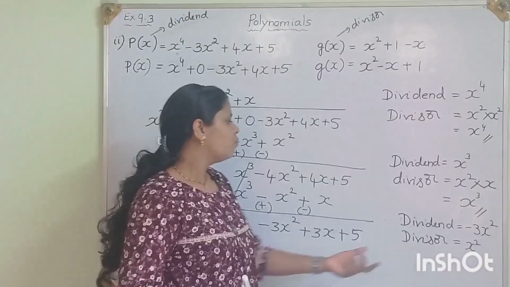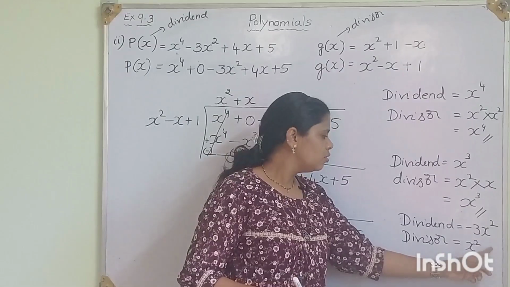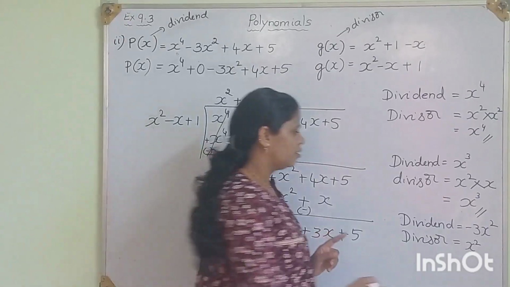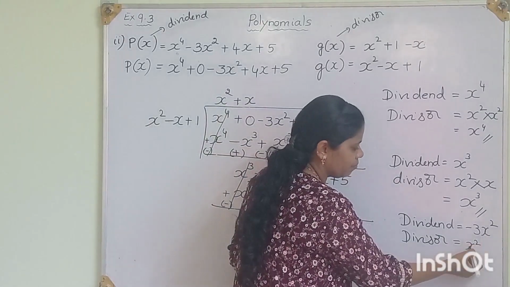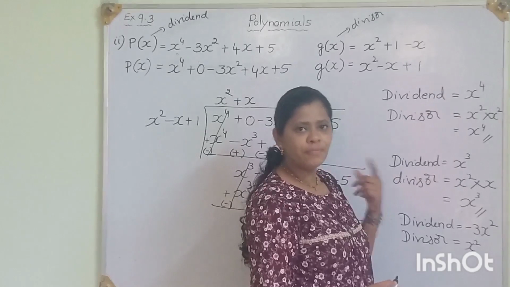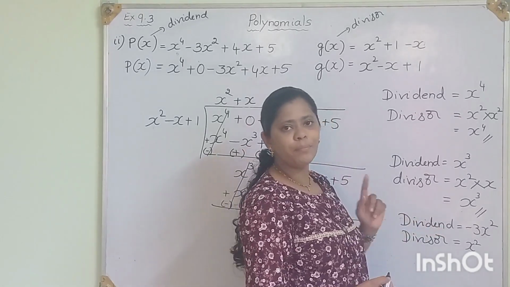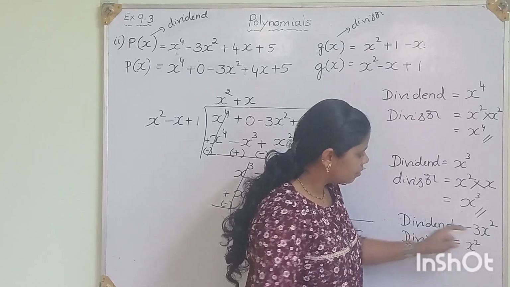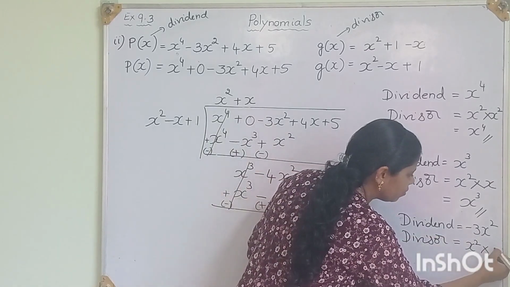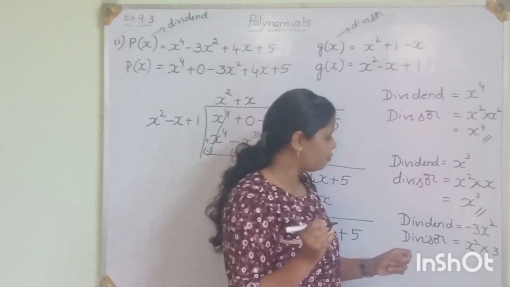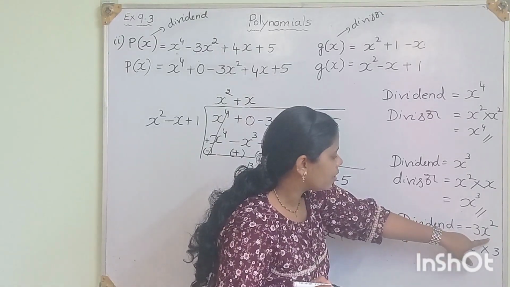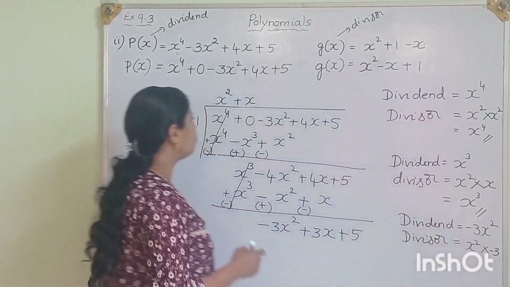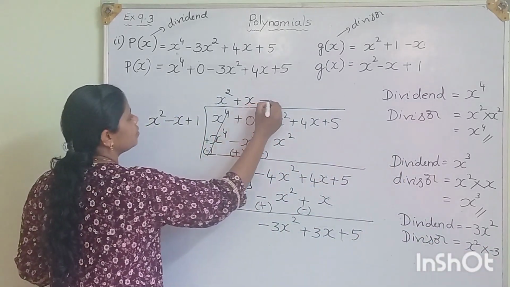Now tell me what I have to multiply here to get minus 3x square as answer. x square already is there, so no need to multiply a variable. Right? Only numbers we have to multiply. Here I have to get 3 as answer. But look at this carefully. Minus 3x square, so I have to multiply minus 3. Okay? Minus 3.